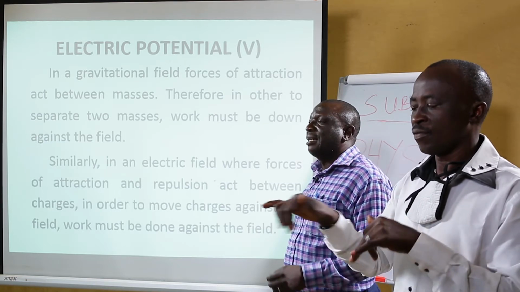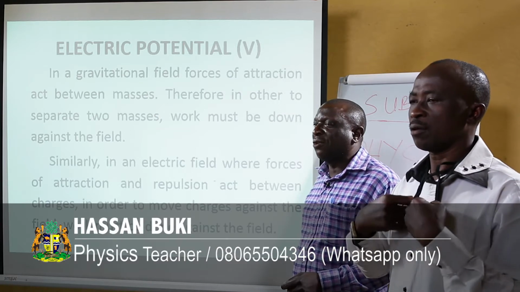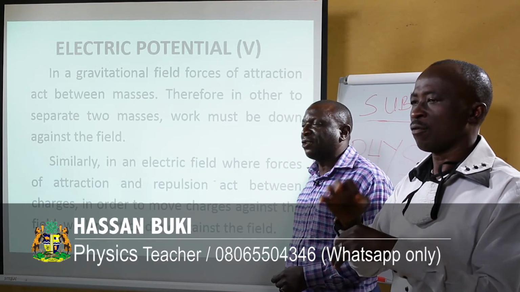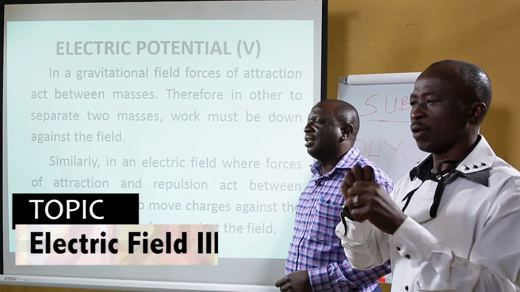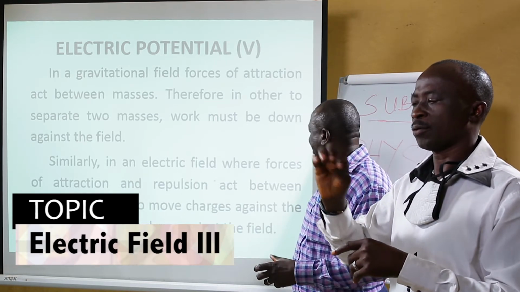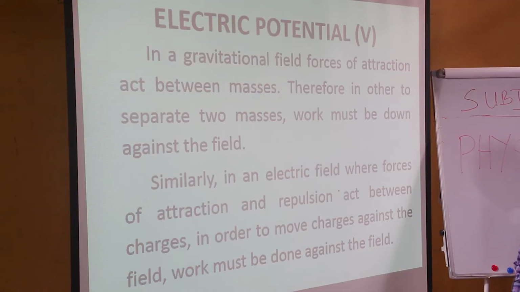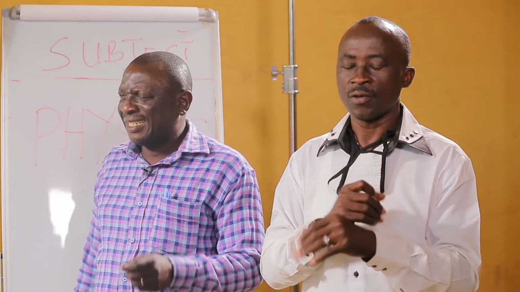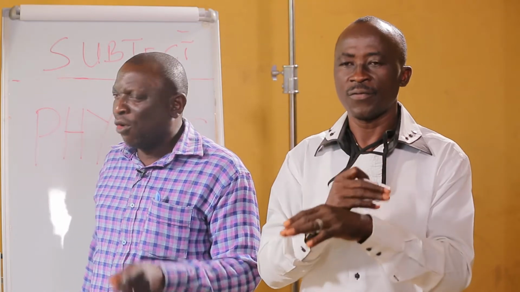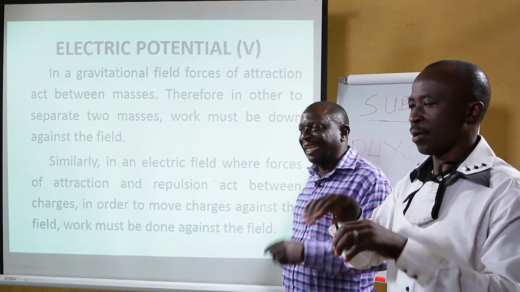Similarly, in electric field, we have forces of repulsion and forces of attraction. And therefore, to separate or to move charges in the field against the field, work must be done by an external agent.